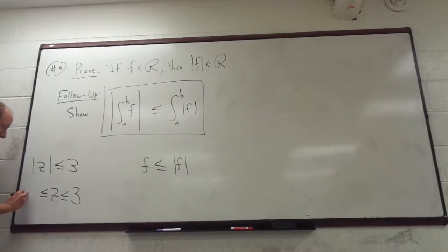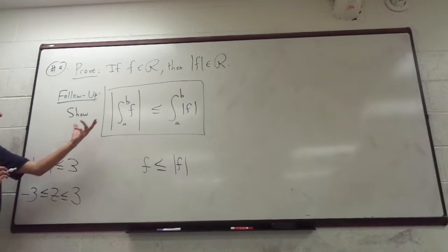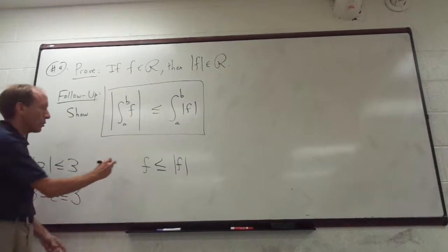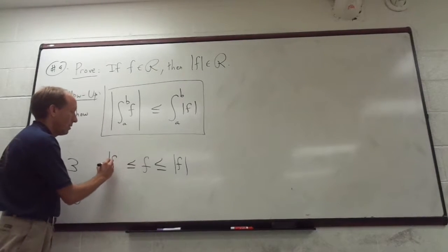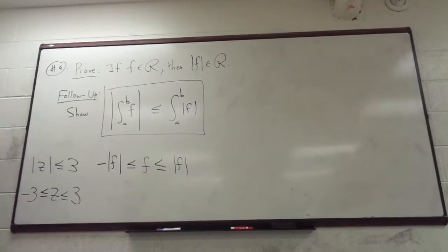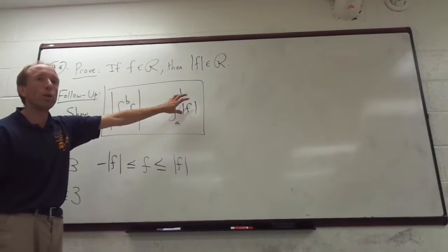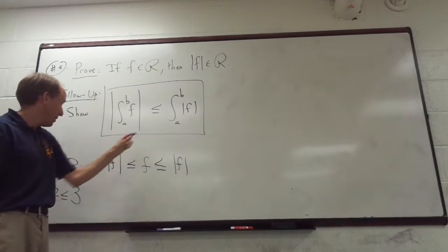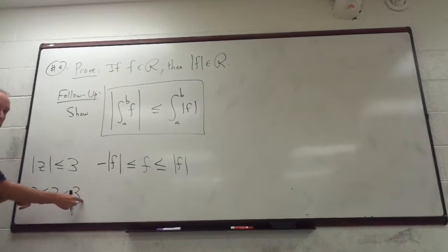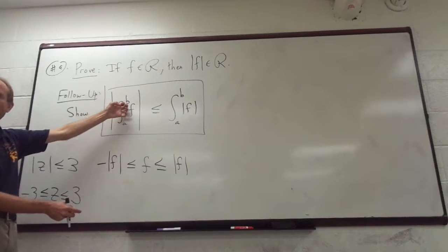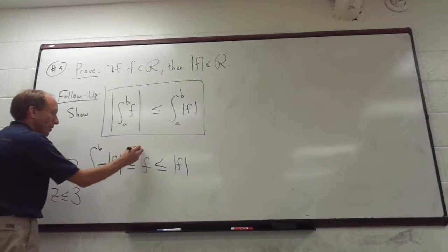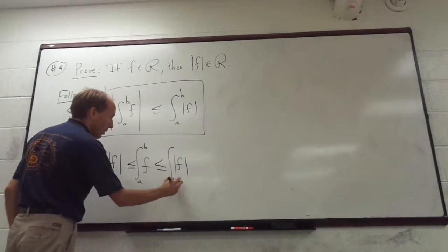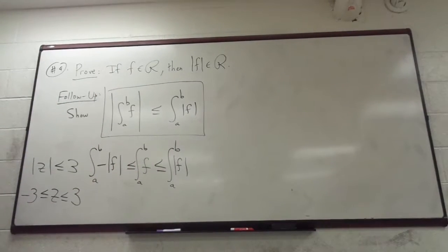So if this is what we're proving, I can put the negative absolute value of f, which plays the role of the 3 here. I can put the negative and the positive and sandwich this one between them. Now if I just put integral signs in front of all of them, using Proposition 6.4, we're going to have that.